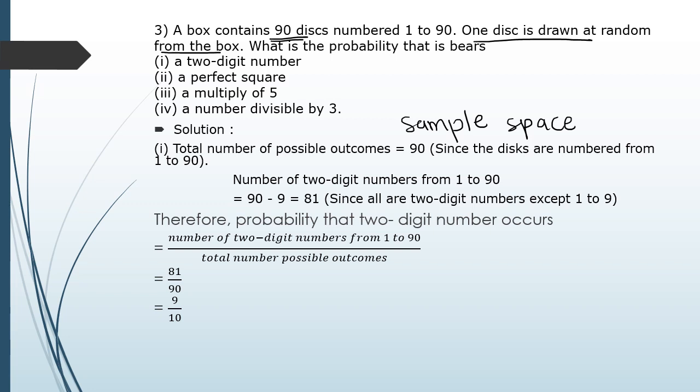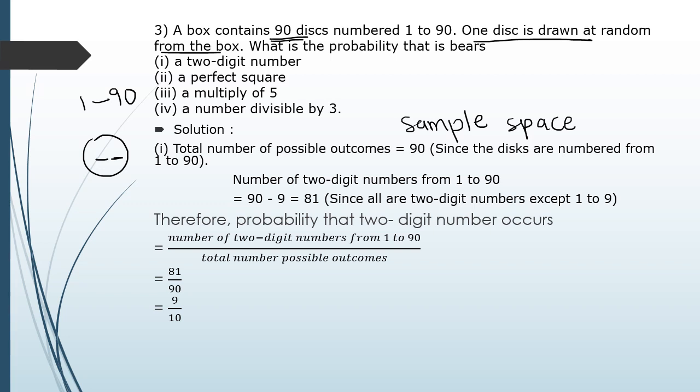Alright, sure. Now let's see the first question that we have. What is the probability that it bears a two-digit number? Which means that the disc we are taking out, on that disc we want a number which is a two-digit number only. We don't want a single digit number from 1 to 90. Now, how many numbers would be there which are single digit from 1 to 90?